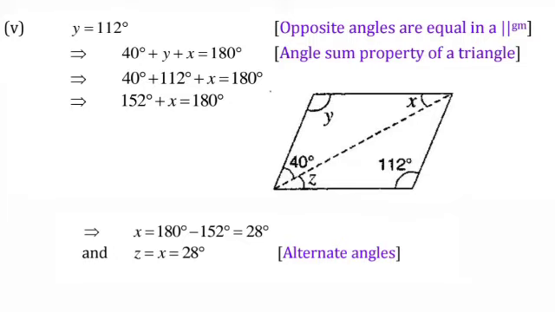This 40 and 112 degrees, when we add, gives 152 degrees. Therefore, 152 plus x equal to 180. For x, we shift 152 to the right-hand side and get 28 degrees. Therefore, x equal to 28. So x and z angles are alternate angles. That's why z will also get 28 degrees.